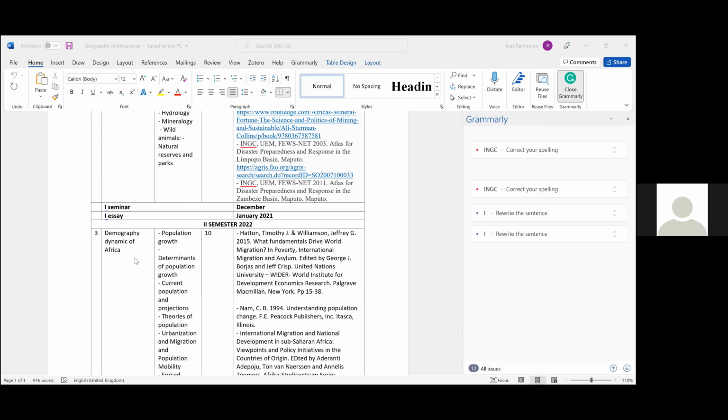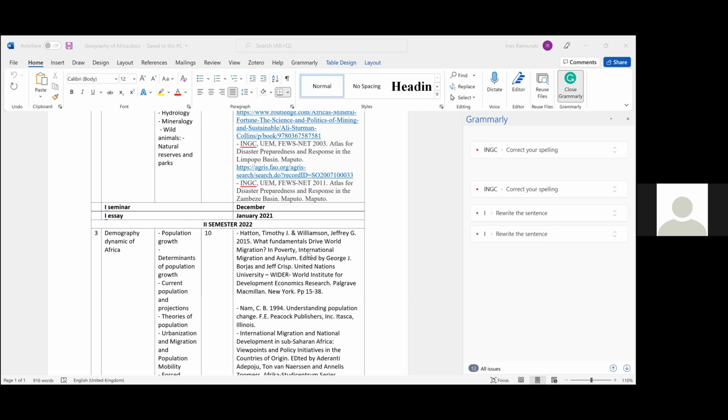So we'll discuss the determinants of population growth. We'll also look at the current population and the projections, of course, what will happen in 2050, for instance, theories of population, urbanization and migration, population mobility, and then forced displacements.